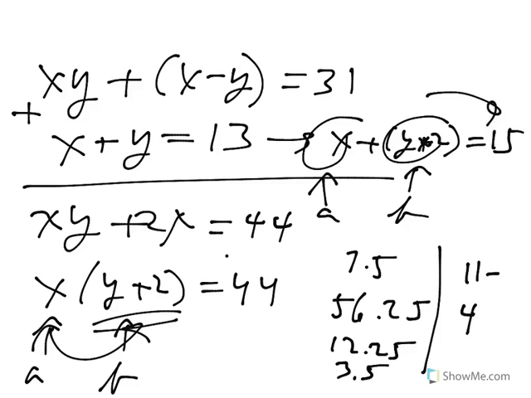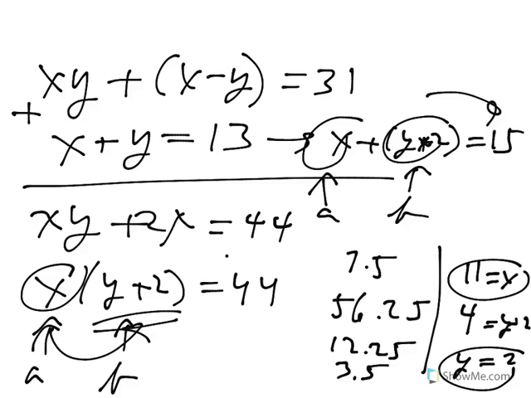So if the 11 is the x, then the 4 is the y plus 2, so y, subtracting 2 because we want to know what y was, would be 2. So 11 and 2 does work. 11 times 2 is 22, plus 9, which is 11 minus 2, and 11 plus 2. So 11 and 2 is one of the answers to this question.